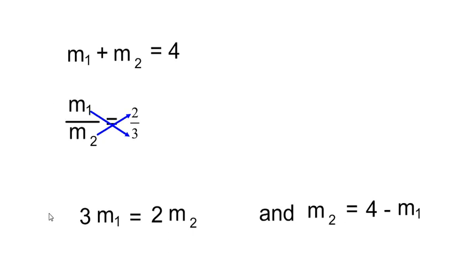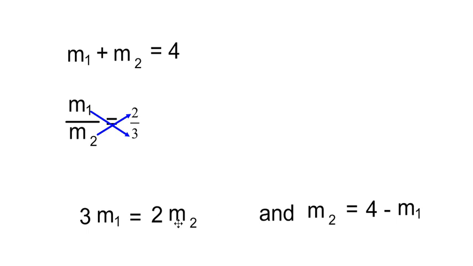So we have 3M1 equal to 2 multiplied by M2, and M1 added to M2 gives us 4, so the mass M2 is equal to 4 minus M1.